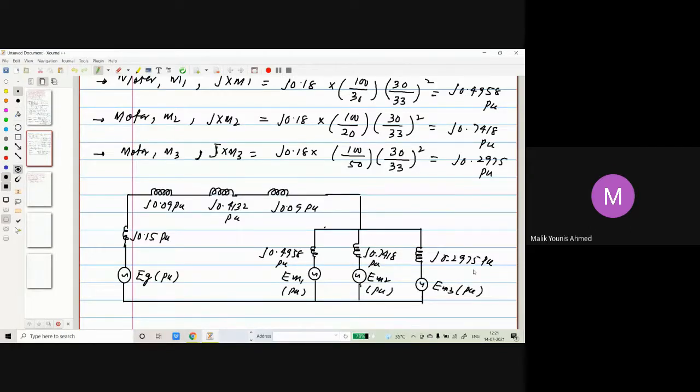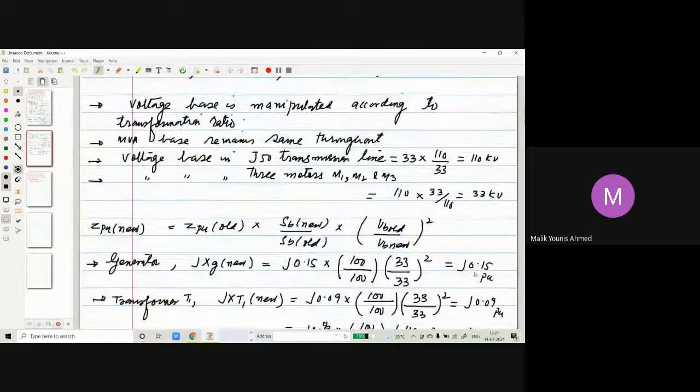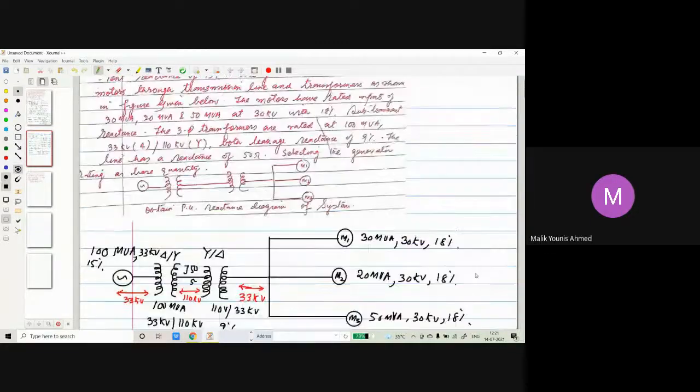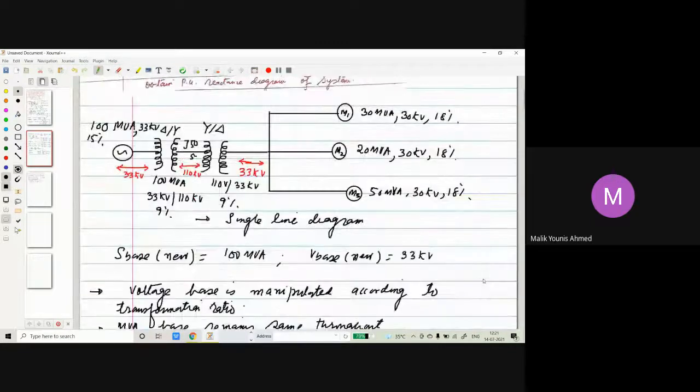So this is the complete solution of this numerical, how you can draw the single line diagram. First, very important, S base will remain the same throughout, whereas the voltage base is going to change when we encounter a transformer. Then you have to find the base values in all the sections of the power system.